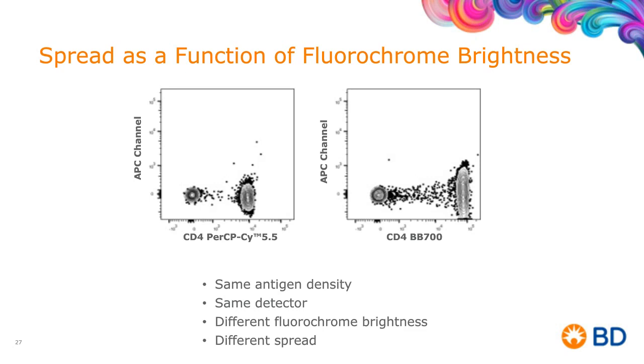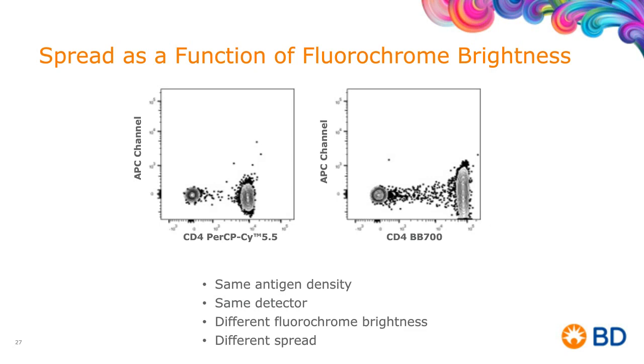The spread in the APC channel is very, very big as compared with PerCP-Cy5.5. So it's about the brightness here. But if we wanted to lower the brightness, as we saw in the other experiment, we could simply dilute that and get the same impact here. So again, another fundamental of how we look at spread, and again, how we look at it against the spread matrix. The spread matrix tells us one thing only: the numbers of receptors that we used at that time in that experiment.